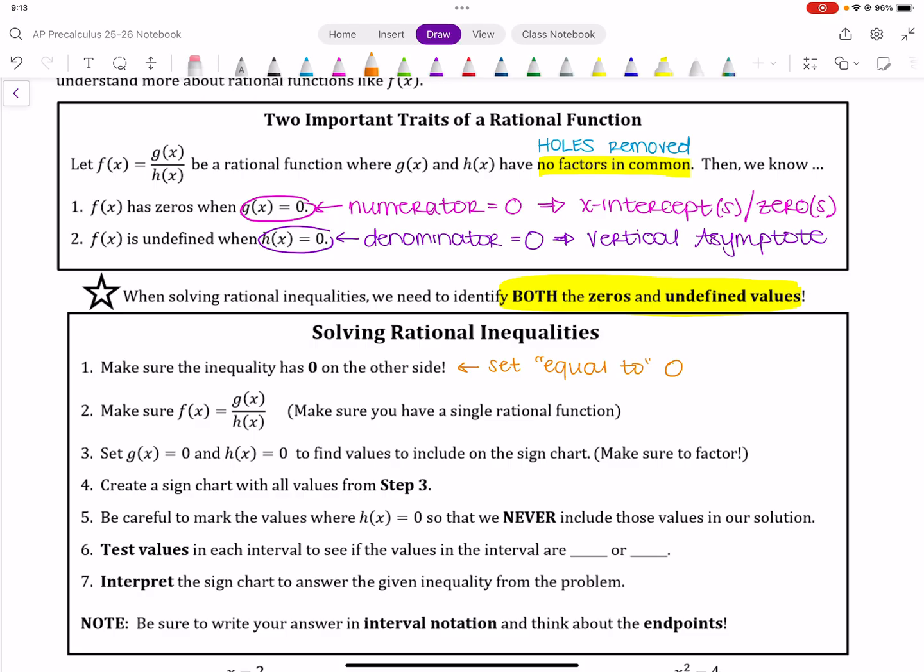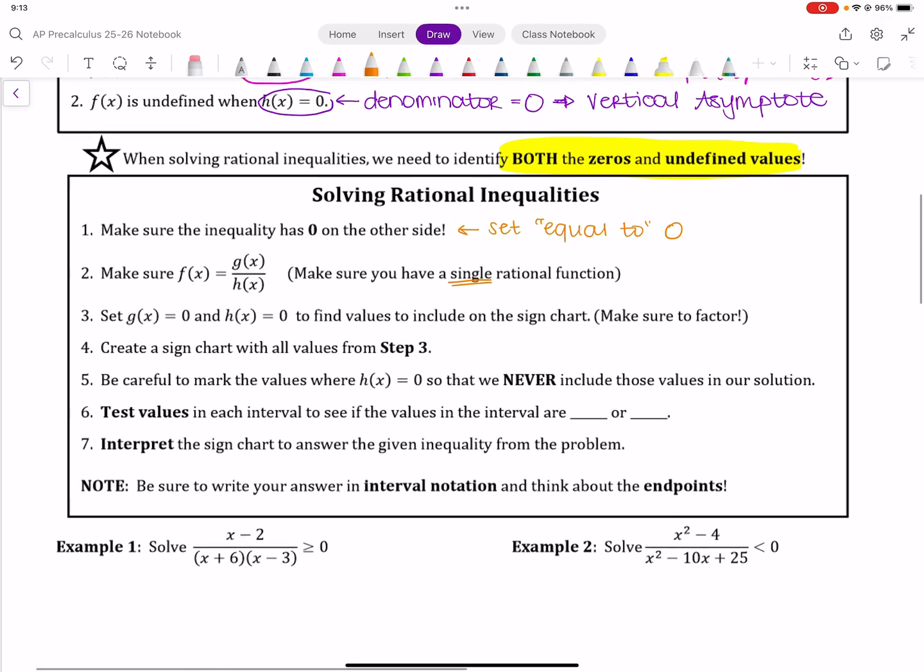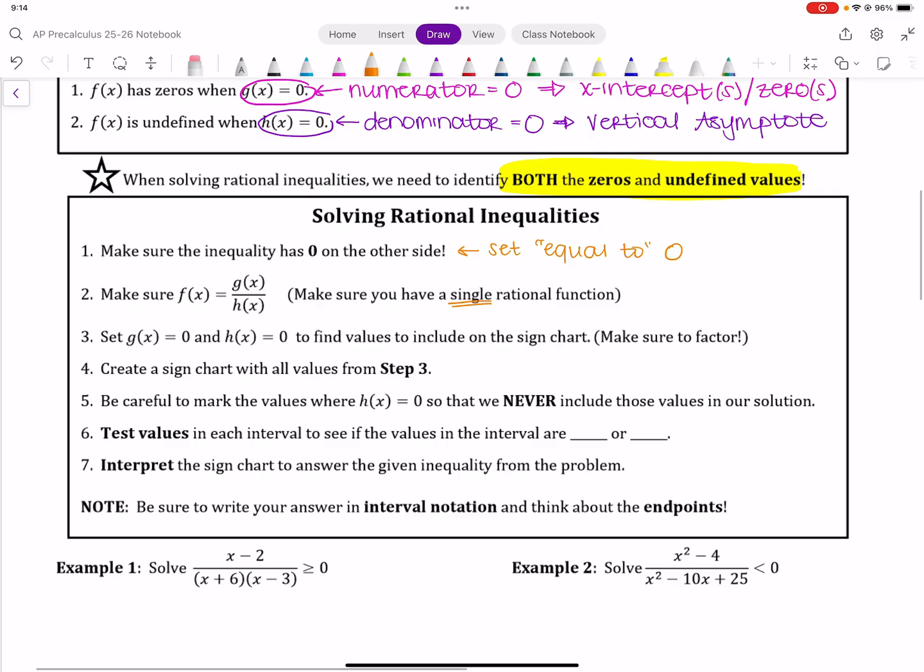But you want to make sure one side has 0 on it and all the rest of your rational function is on the other side. And where your rational function is, you want to make sure you have a single rational function, meaning only one fraction. Then we set our numerator and denominator equal to 0 to find our values or our critical points to include on our sign chart.